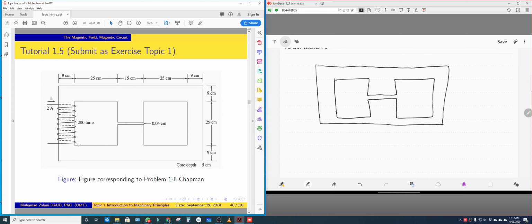It is wound by the wire, which is I have the wire. Different direction of the wire, daripada bawah ke atas.